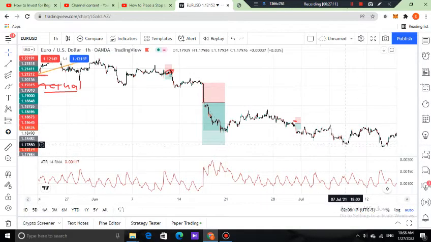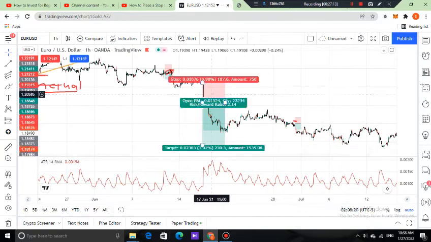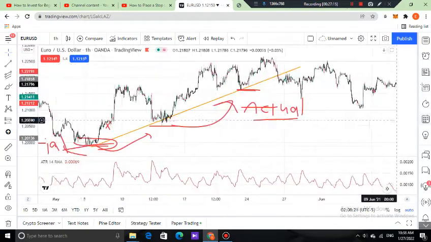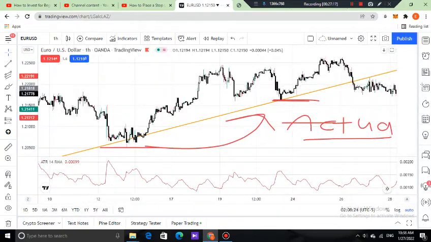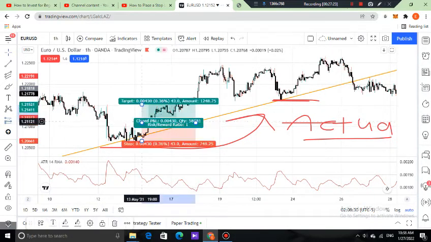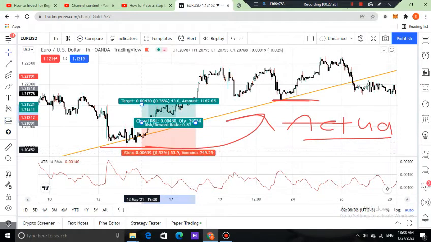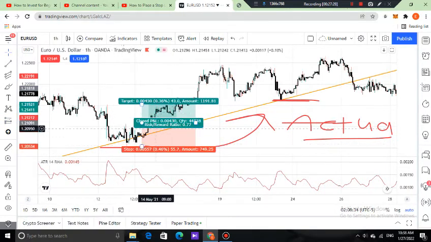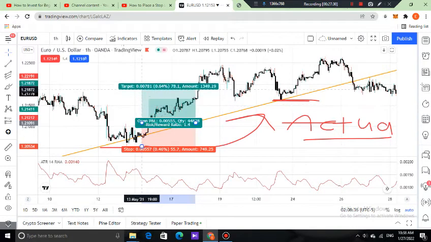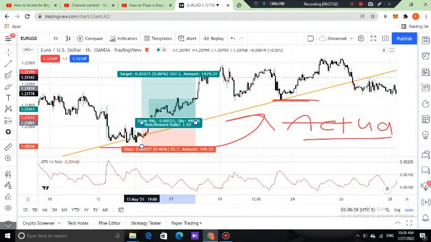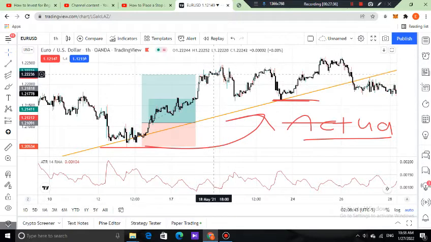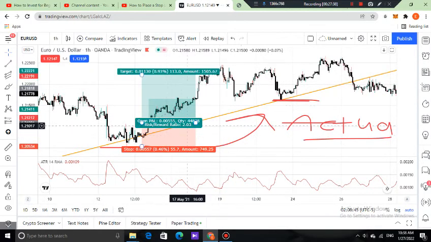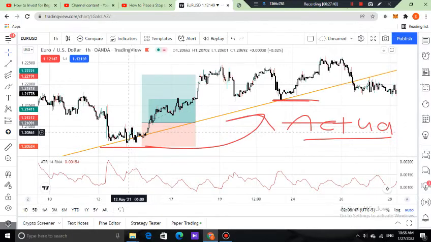At this level, you can take profit. Or another one, if you take this position here and put your stop below this tail, you want to take profit at this level, because the reward is twice your risk.